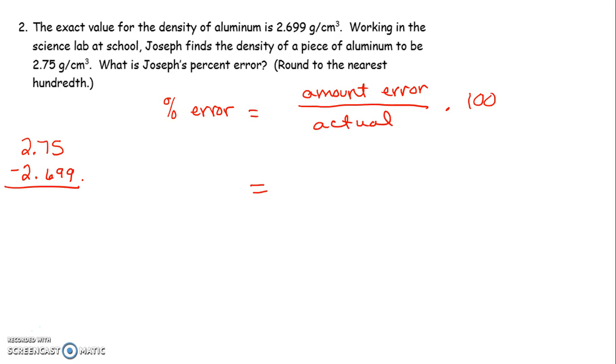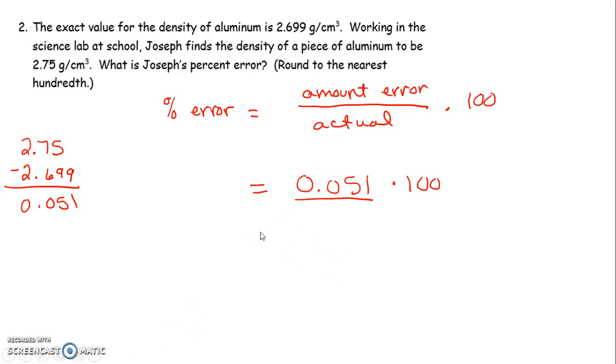So 2.75 minus 2.699 is 0.051. Sorry, that's just our amount of error, not over the actual yet.